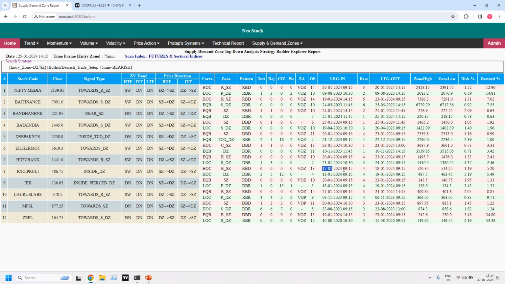Now I have updated the software. Now the results will be much easier for us to understand. My responsibility is to generate these bullish trade setups and bearish trade setups in your daily reports. But I will generate them only if you guys are having interest.